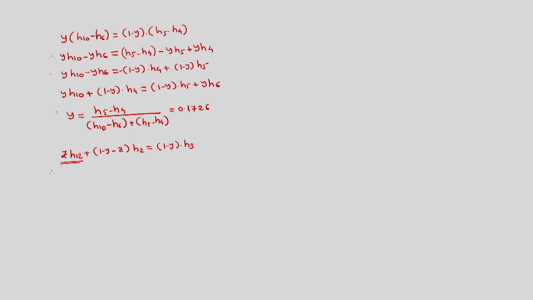So, z amount of mass at H12 exchanges heat with 1 minus y minus z at 2, such that we get 1 minus y at 3. Knowing this, for z it will be 1 minus y into H3 minus H2 divided by H12 minus H2.